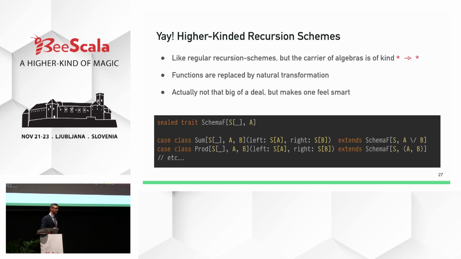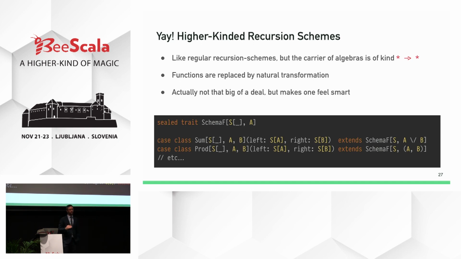And it works by replacing in your structure, for example, say we have a tree. I have a sealed tree and a node, which is a case class containing two trees for left and right branches. This is not amenable to recursion schemes. What I need to do first is to replace this recursive reference by a type parameter. And then I'm good. That's the classical recursion schemes.